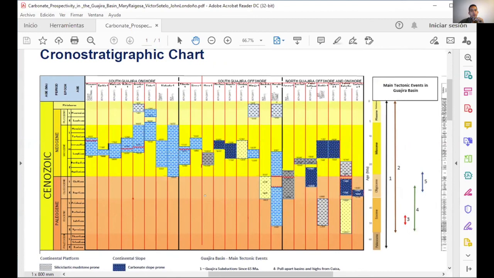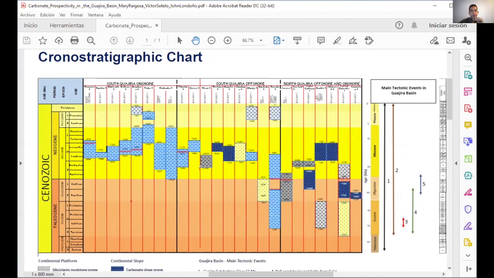This chronostratigraphic chart, made just from onshore and offshore wells, shows the most important in situ carbonate ramp in the lower Guajira Basin.